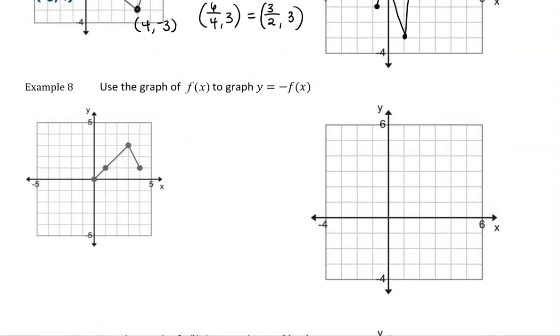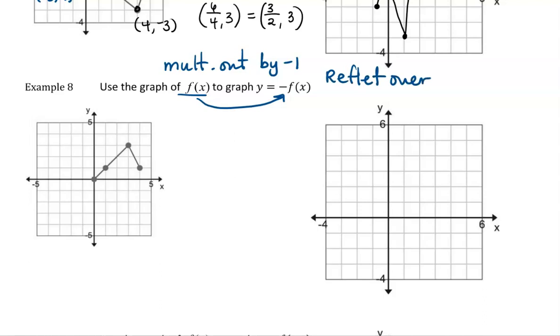Here in example 8, looking at how this equation changes to this equation, we have multiplied on the outside by -1. Our table tells us that that is a reflection over the x-axis. And to reflect over the x-axis, we need to change the signs of our y values.